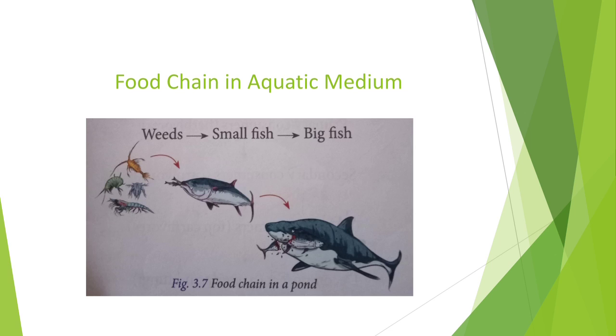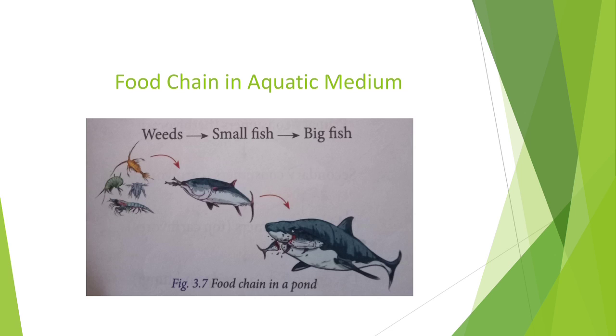Next, food chain in aquatic medium. In an aquatic region, some of the plants and animals are present in the water. They are the aquatic medium. For example, in a pond there are a number of small plants and animals, and there are small fish and big fish.